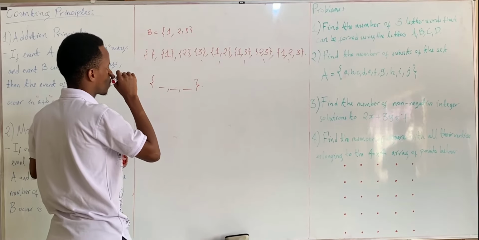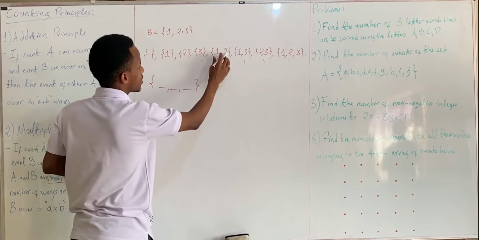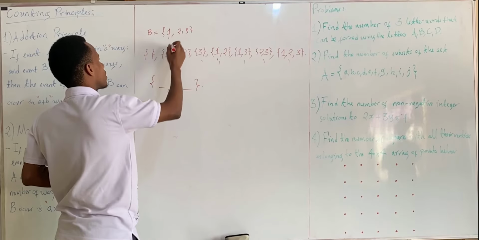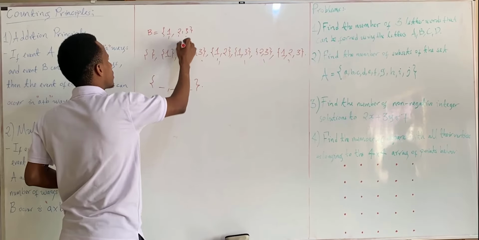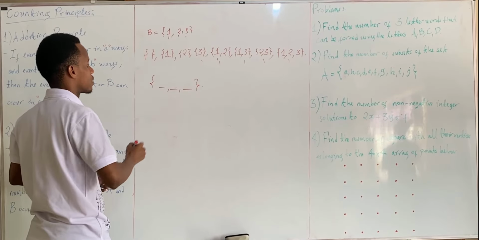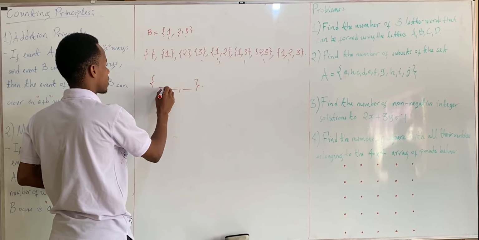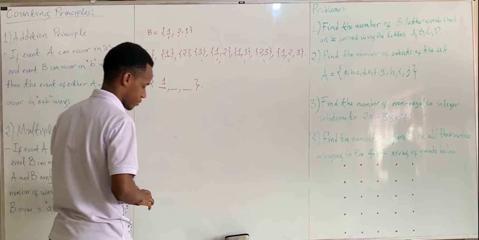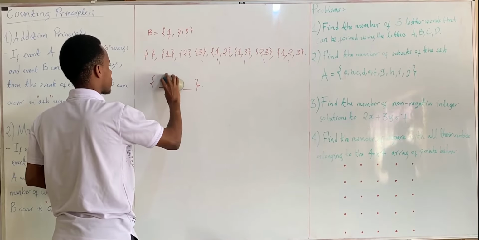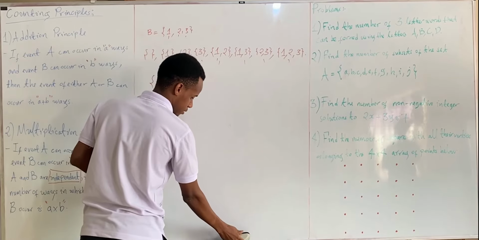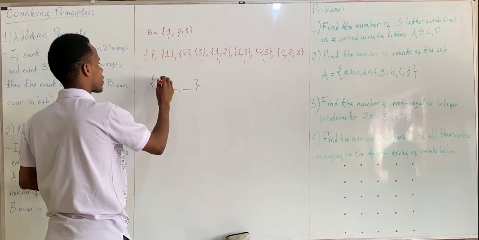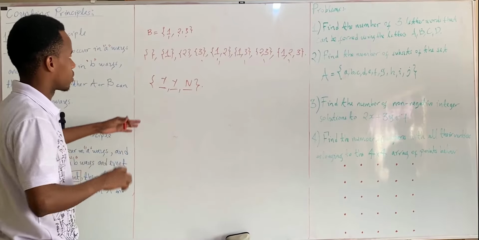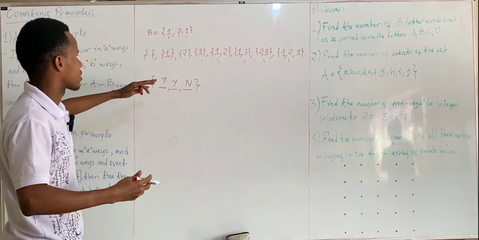So for example, this subset which contains 1 and 2, that means it has taken 1 and 2, and 3 has been left out. Okay, so I can symbolize it by maybe a yes and a no. I take 1, that means I say yes for 1.